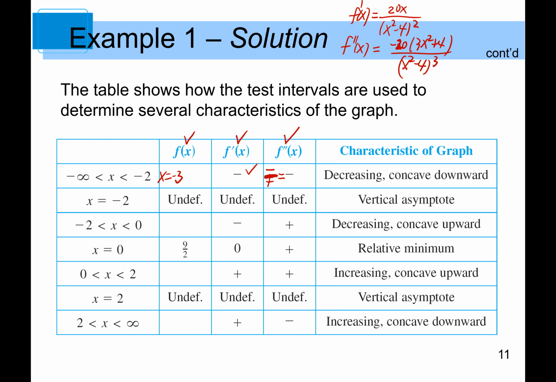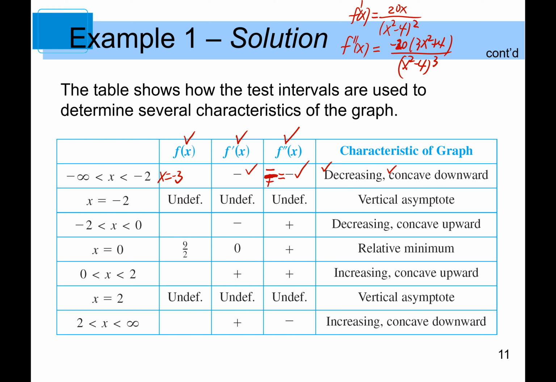And the denominator, x squared is 9, minus 4 is 5, cubed is 125, which is positive. That's why the second derivative is negative. So when the first derivative is negative, that means it's decreasing. And when the second derivative is negative, it's concave downward.